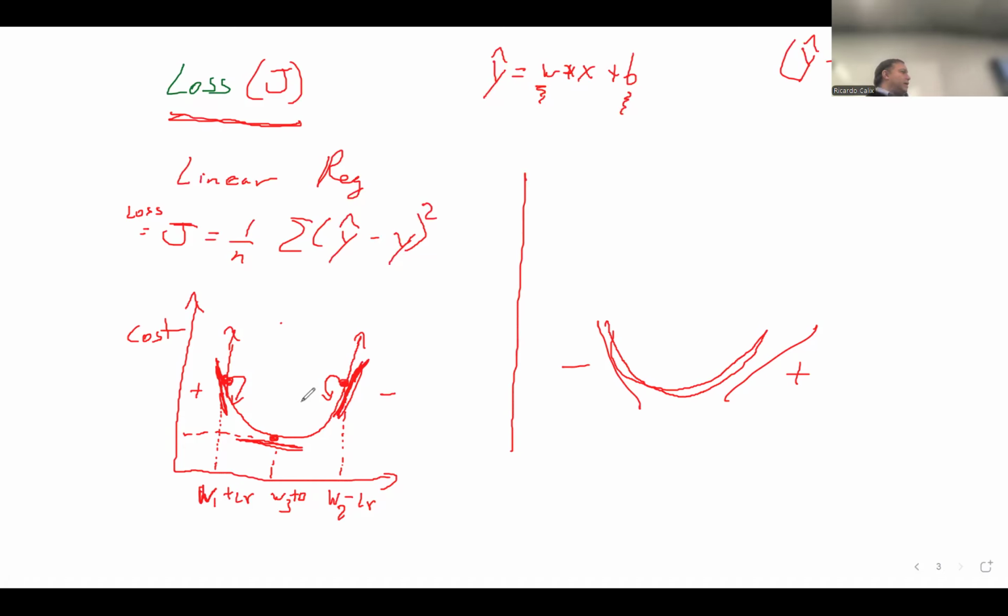Sure. Okay. I see what you're saying. Well, this is how the calculus part works, but why does that happen? Why does the loss go up?